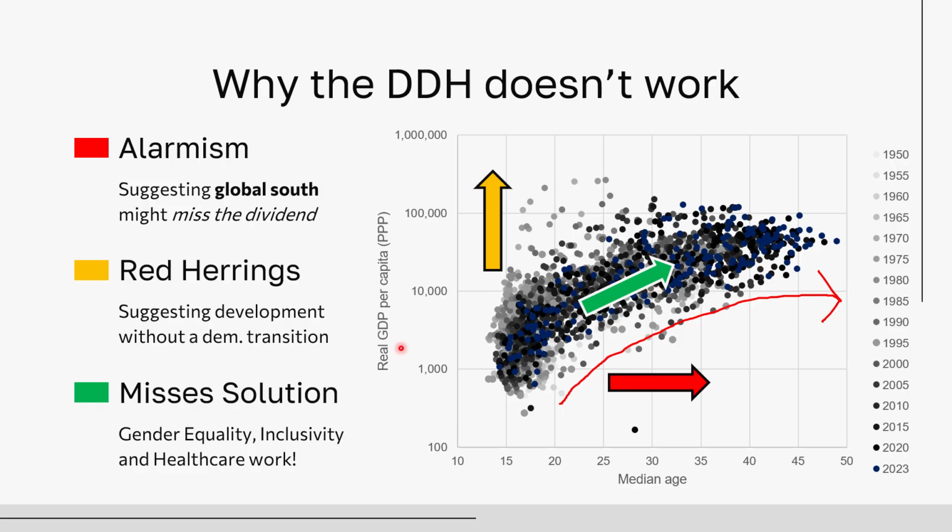And again, just to highlight once again the main capital crime of the dividend hypothesis, which is that it ends up obscuring the rightful economic policy prescription, which is an accelerated demographic transition through gender equality, inclusivity, and healthcare.